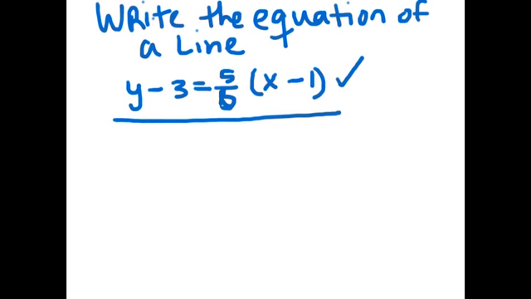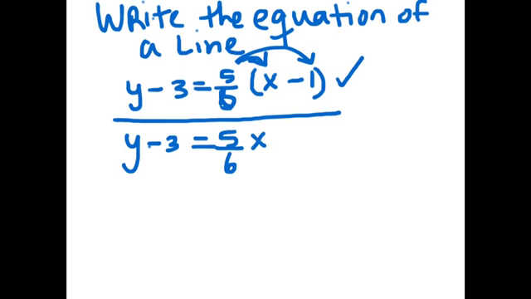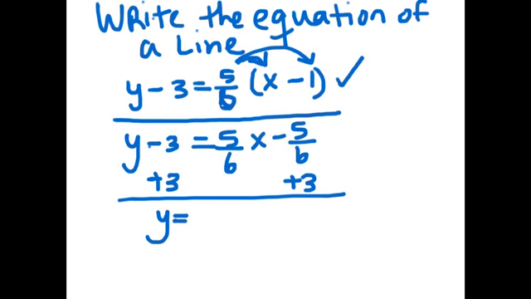So I would take this equation, distribute 5/6 to put this in slope-intercept form to get y minus 3 equals 5/6 x minus 5/6. I would add 3 to both sides, and I would get y equals 5/6 x, and I'd have to add -5/6 plus 3.